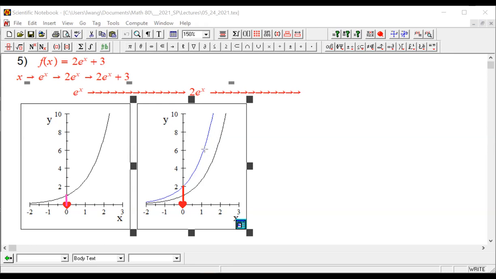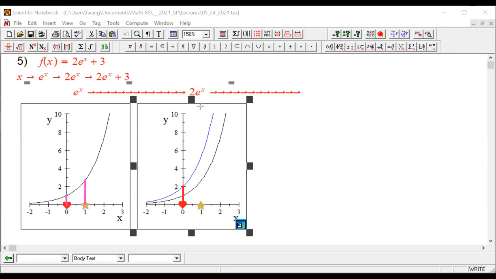And this is happening everywhere. For example, add another input 1. The input was 1. The output for 1, of course, we know that's e, right? The purple would be something like this. That's an e.